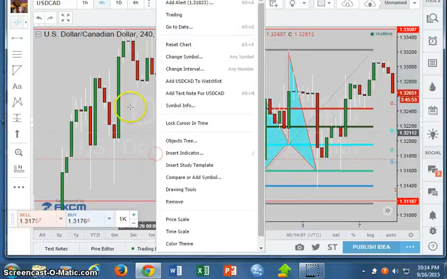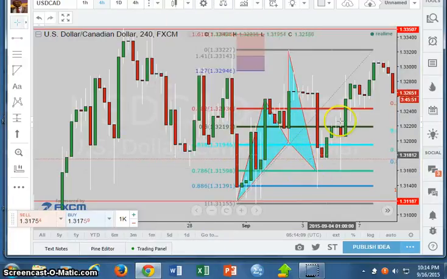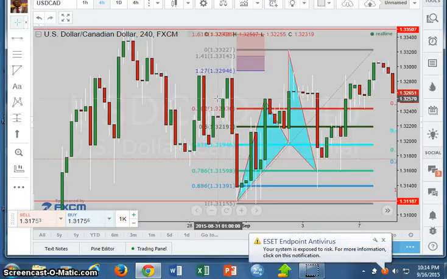It is clear and evident now, right before your eyes, that price action turned at the 1.27. It tested the 0.886, and then price action continued higher. So now, knowing how to use Fibonacci, you know how to transform that into understanding harmonics and how to trade them.